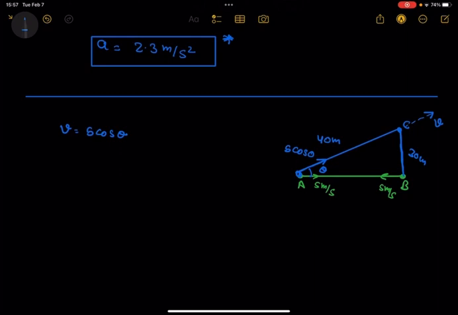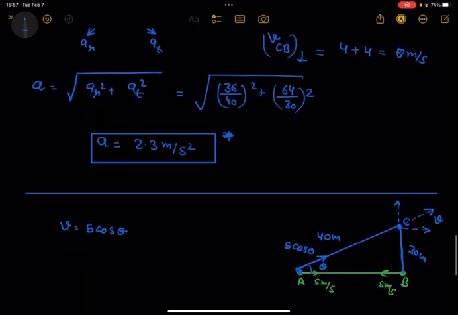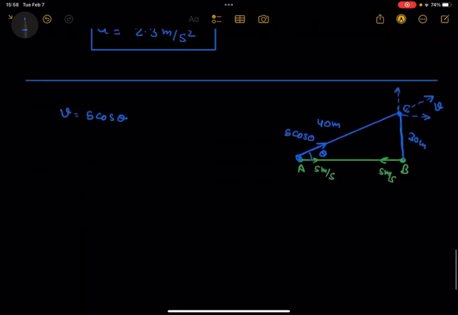Now this velocity is V. We can write one component in this direction and one component in this direction. So if it is moving in this direction, then the separation between B and C increases.